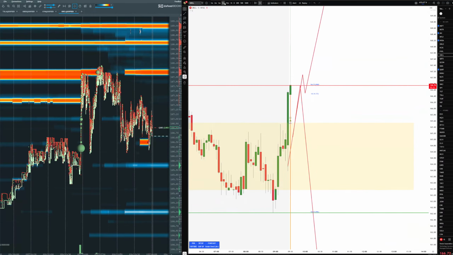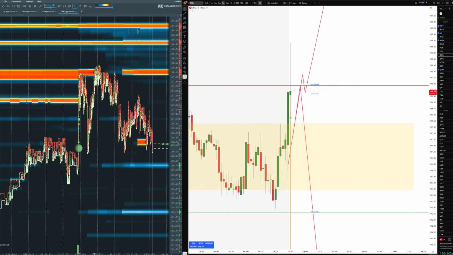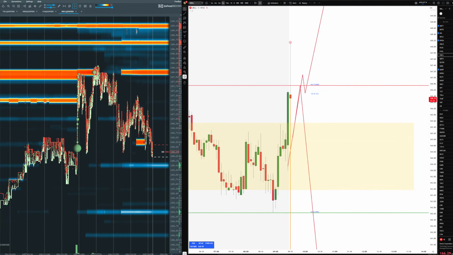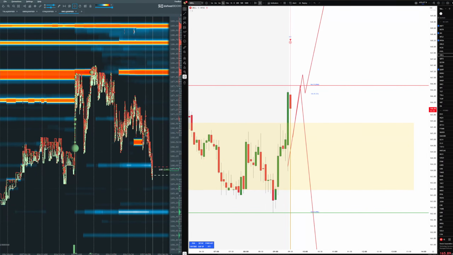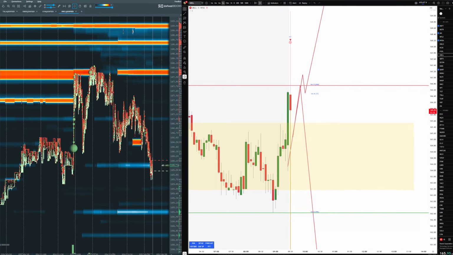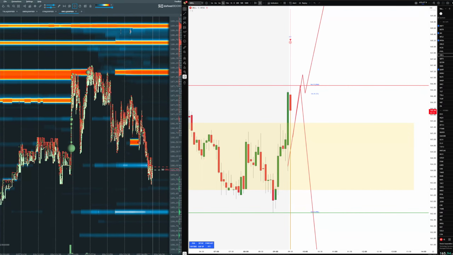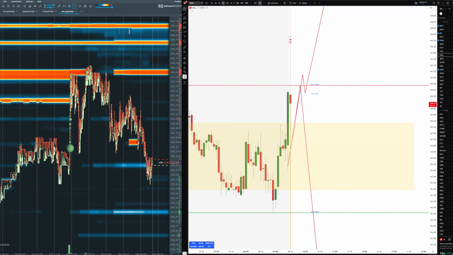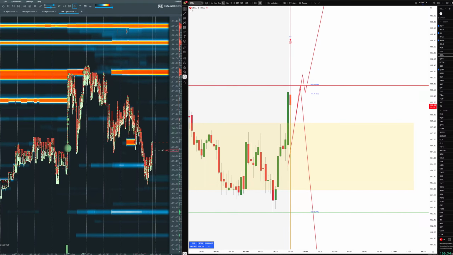And if we hit the stop, we'll have the reverse play. So we have the reverse play over here, short now. Very short on Oracle. The risk is going to be 167.